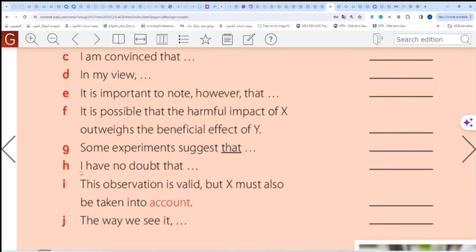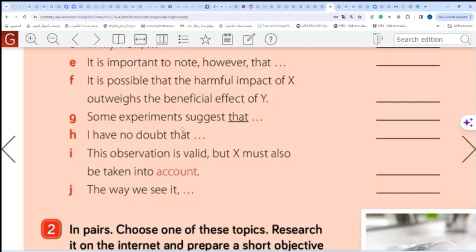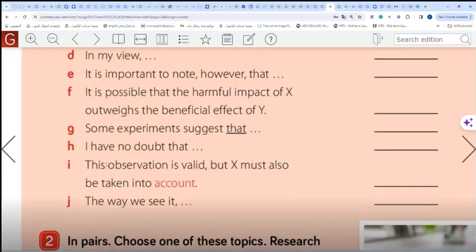Now this is, I have no doubt that. When you talk about your own opinion, or when you state your own opinion and say, I have no doubt that, is it subjective or objective? Subjective. So what about some experiments suggest that?